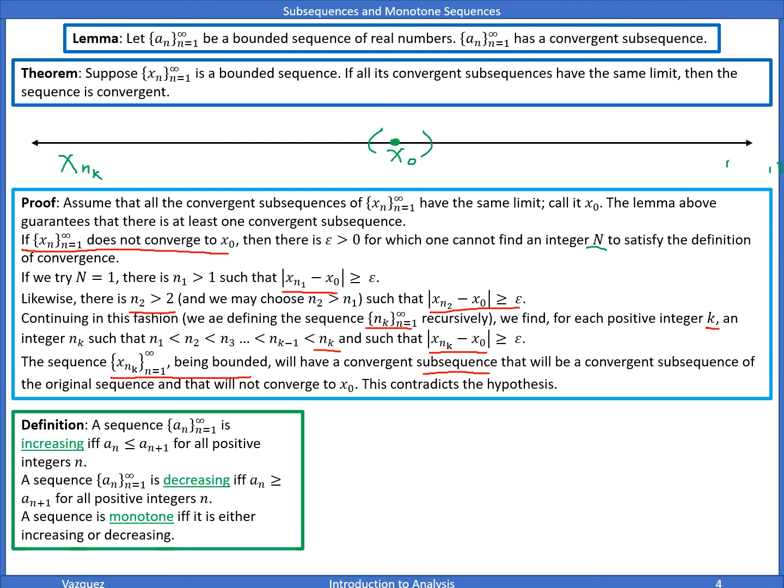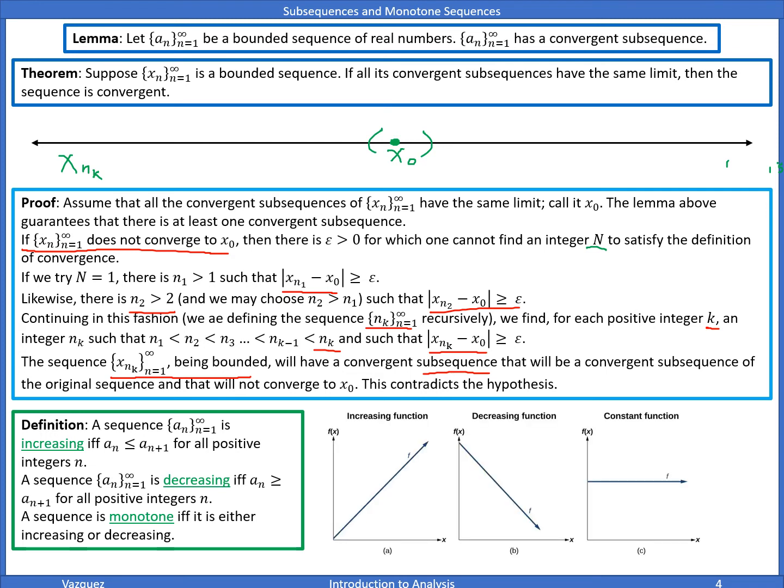And it's really similar to increasing, decreasing monotone functions. So over here we have functions, increasing function, decreasing function. Sequence, basically the same thing. If we had a sequence like this, that's increasing. Every n that we go up, we get a larger number.